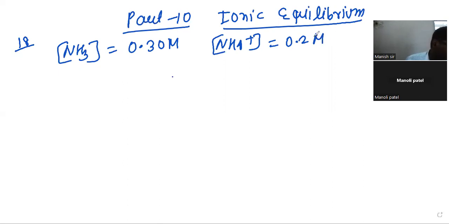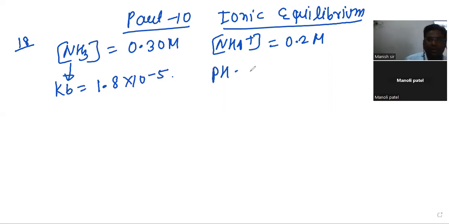If the equilibrium constant Kb for NH3 is 1.8 × 10^-5, what is the pH of this solution? So you have to find the pH of the solution. It was asked in 2011. So let's see the explanation.